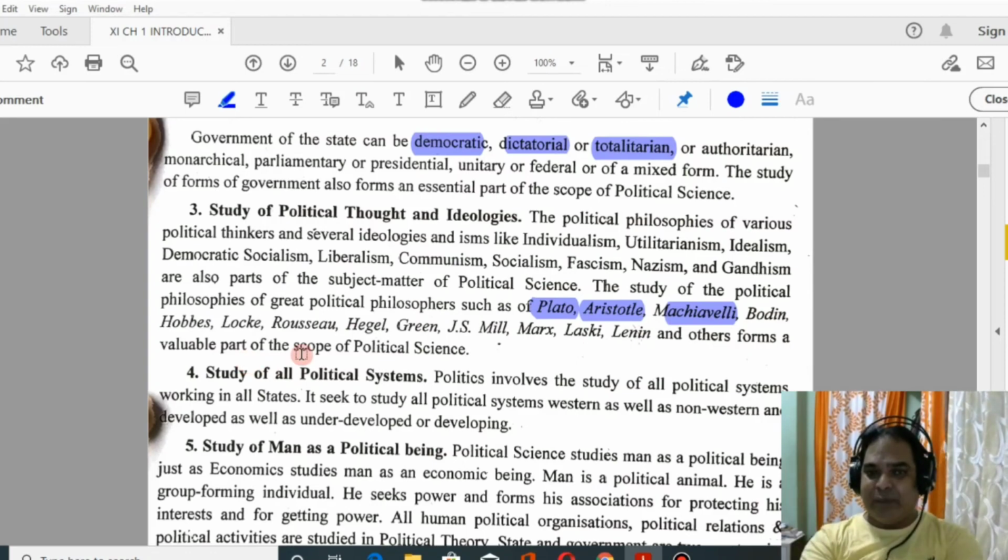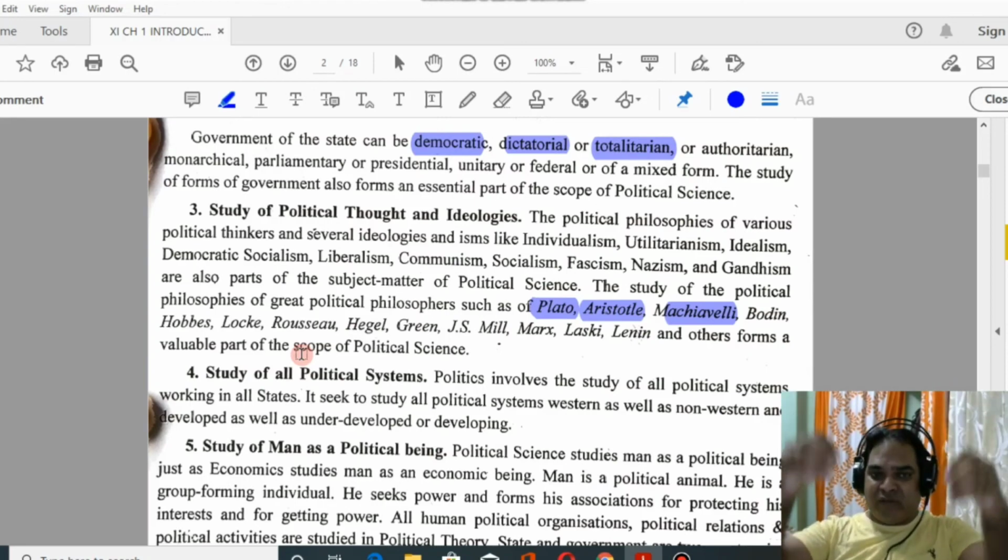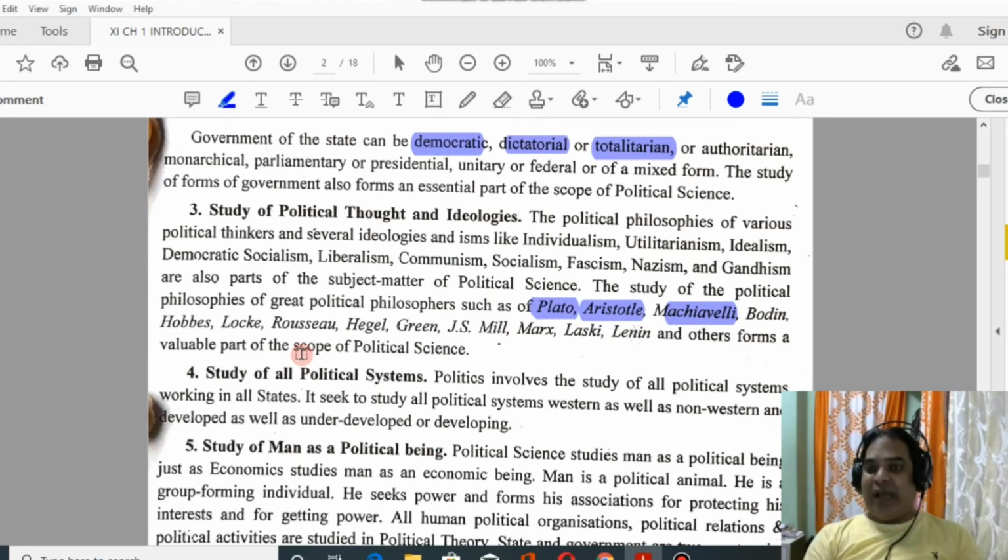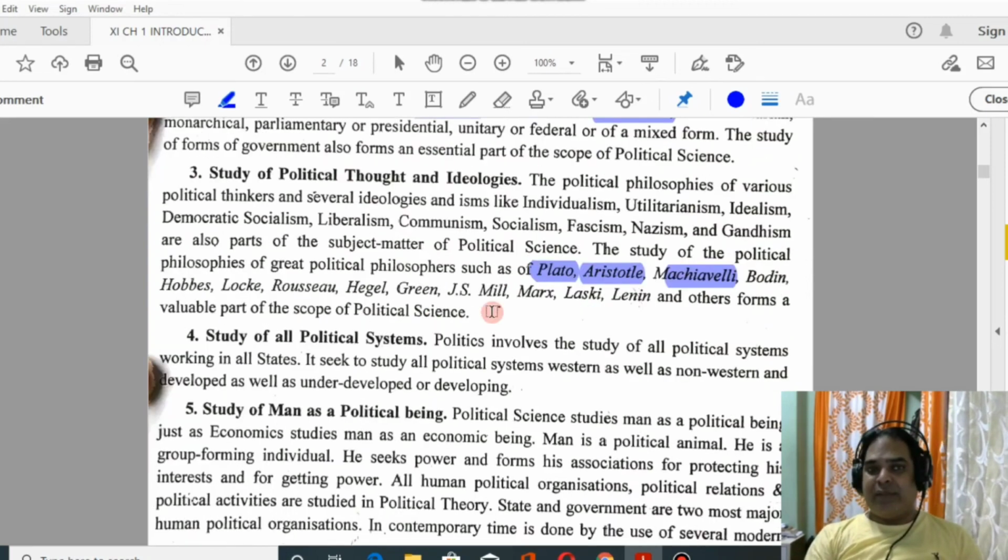These are the great political philosophers, my dear, who have done various studies on topics like democratic socialism, liberalism, communism, socialism, fascism, Nazism, Gandhianism. So the scope is never ending.